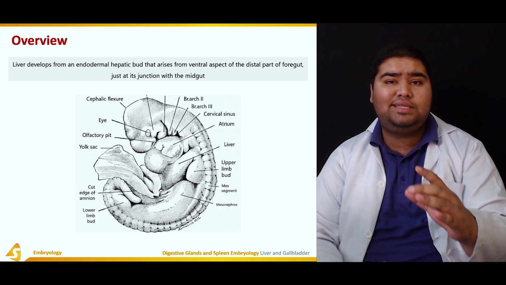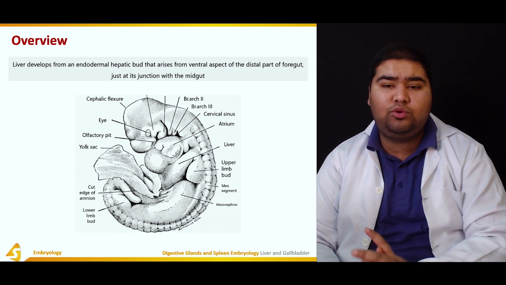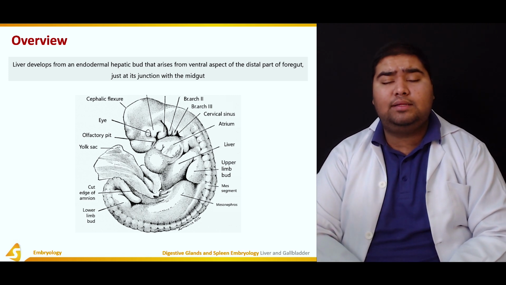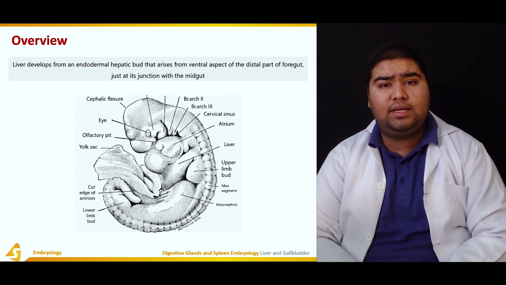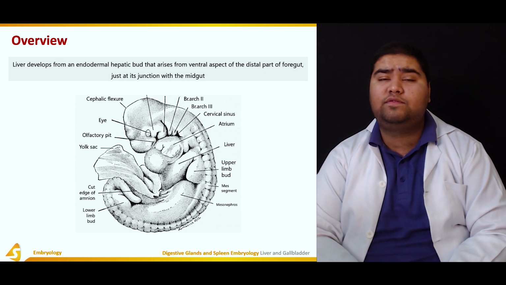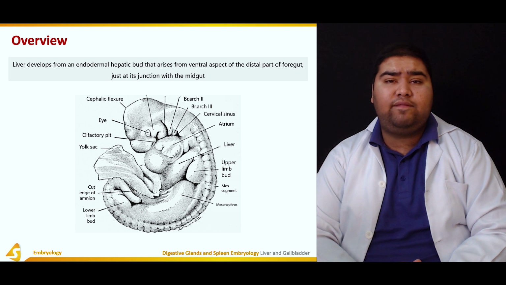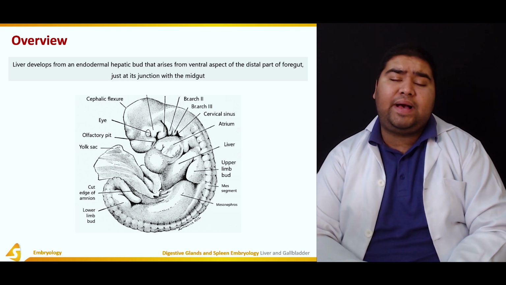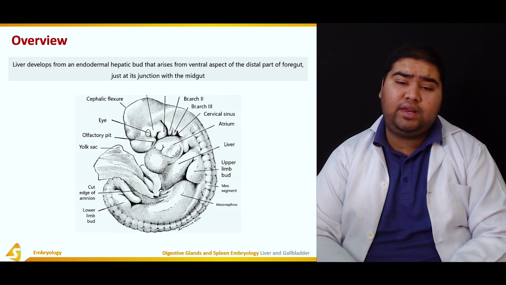The distal section at the junction with the midgut. So the junction of the foregut and the midgut, which is also known as the anterior intestinal portal, gives off a small diverticulum. This diverticulum is from where the hepatic bud and the future liver is formed.